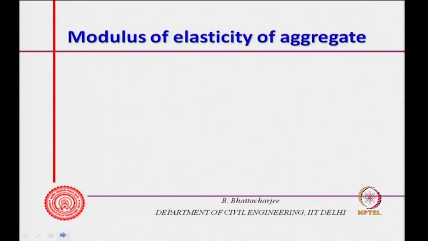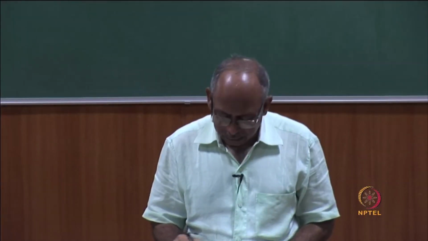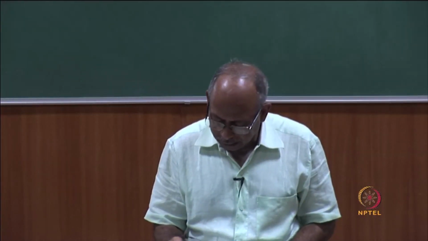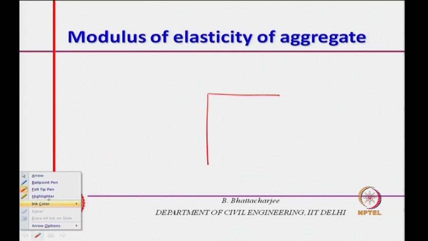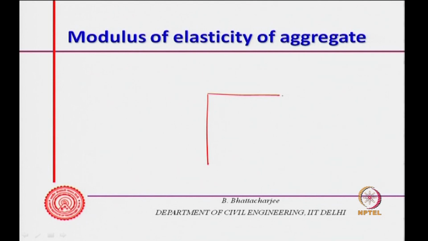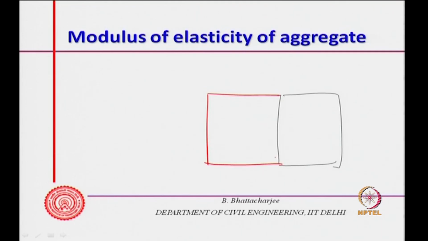First of all, modulus of elasticity of aggregate. Now, we can understand this, as I said: the stiffness is trying to resist something that is trying to shrink. I have one material and another material.